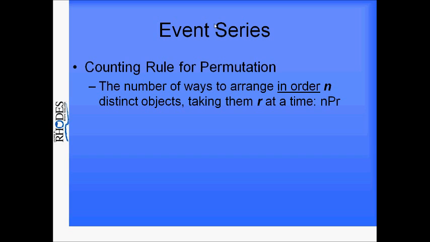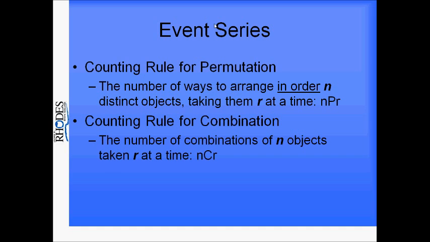That's known as nPr. So it's basically looking at combinations where order matters. We'll look at examples in a minute to help you better understand what I mean by that.